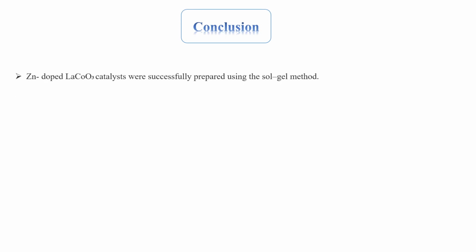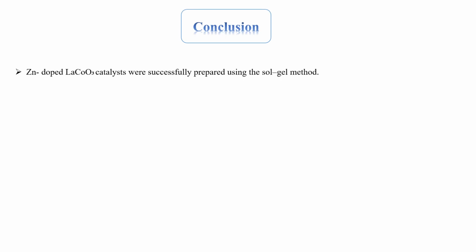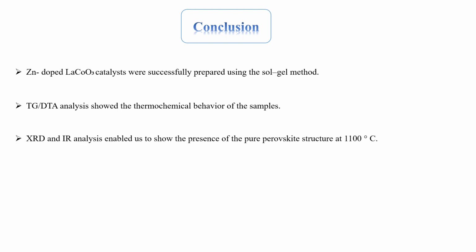Conclusion: zinc-doped lanthanum cobaltate catalysts were successfully prepared using the sol-gel method. TG and DTA analysis show the thermochemical behavior of the samples. XRD and infrared spectroscopy analysis enabled us to show the presence of the pure perovskite structure at 1100 degrees Celsius.